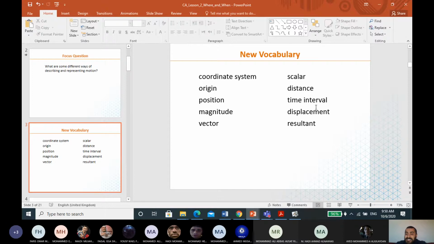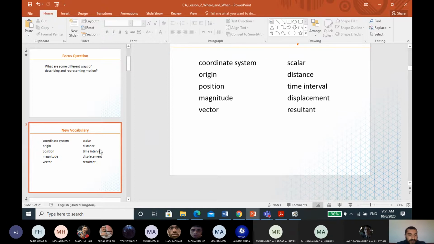You know what the displacement is and what differs displacement from distance. The displacement is when we change the position from one point to another. Maybe the displacement is 0 if I go and return to the same point, if I am having a lap, for example. And the resultant is when we add 2 or 3 or 4 vectors with each other; the resultant will be the addition of the vectors.